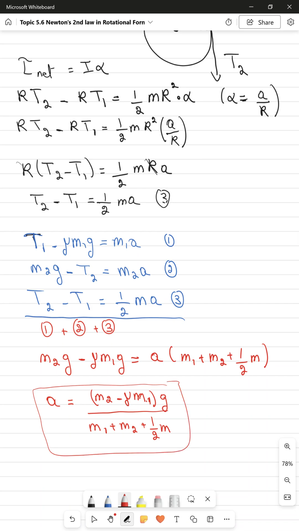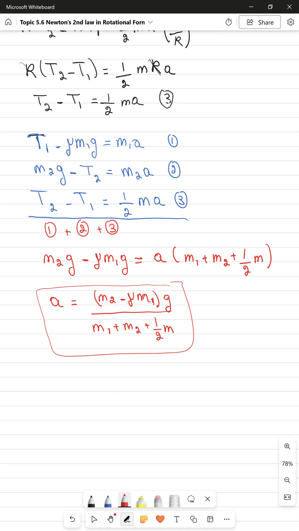Sometimes they may tell you there's no friction, we cancel the mu M1. If the pulley is massless, we can cancel half M. So that's going to be our general equation.